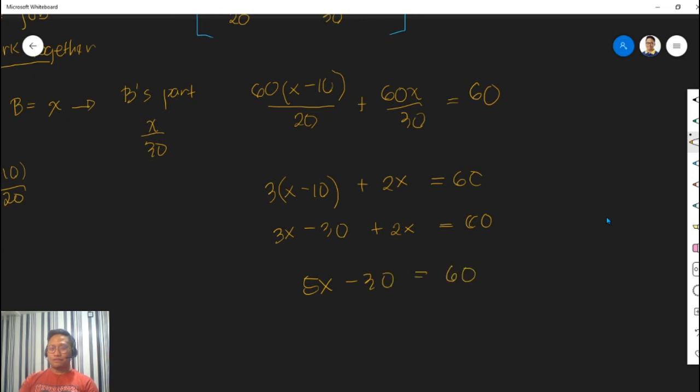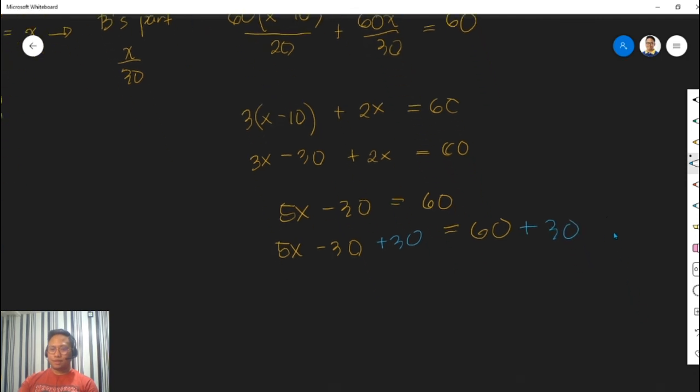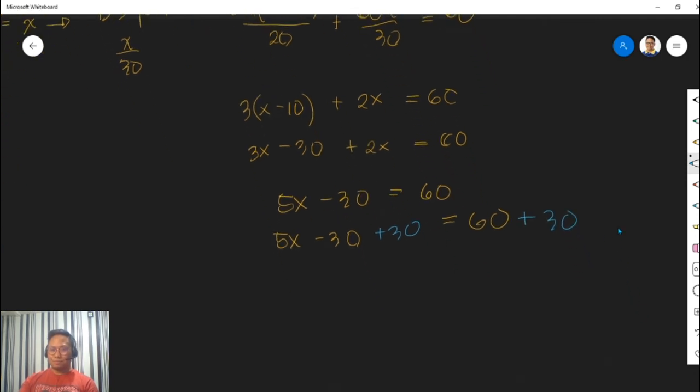To continue solving for x, there's no such thing as transpose, guys. We're going to apply the inverse operation. To get rid of 30, we add 30 on both sides. So that's 60 plus 30, and simplifying both sides, we get 5x equals 90.